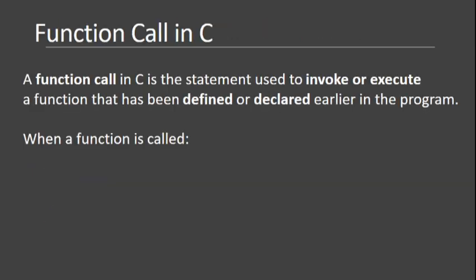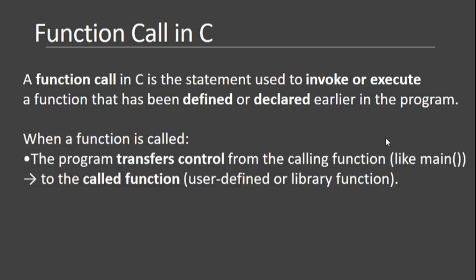Next I'm going to talk about function call in C. A function call in C is the statement used to invoke or execute a function that has been defined or declared earlier in the program. When a function is called, the program transfers control from the calling function, and we are going to call these functions from the main program only, to the called function, meaning the user defined function.